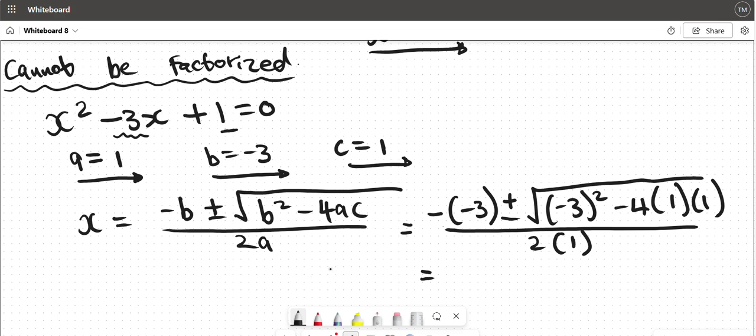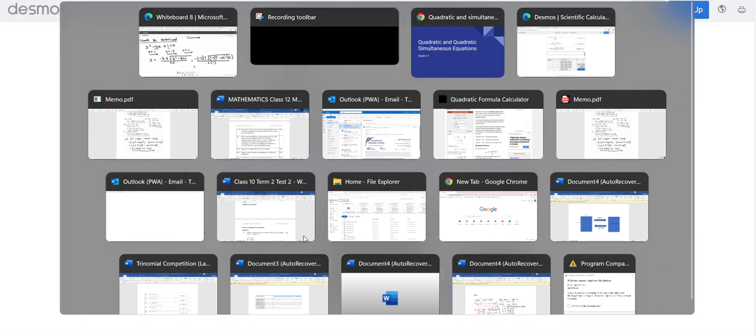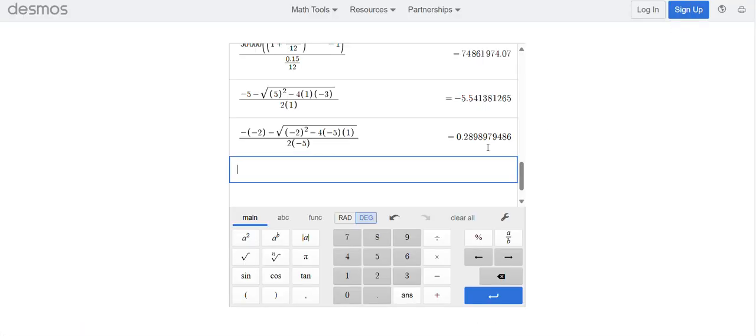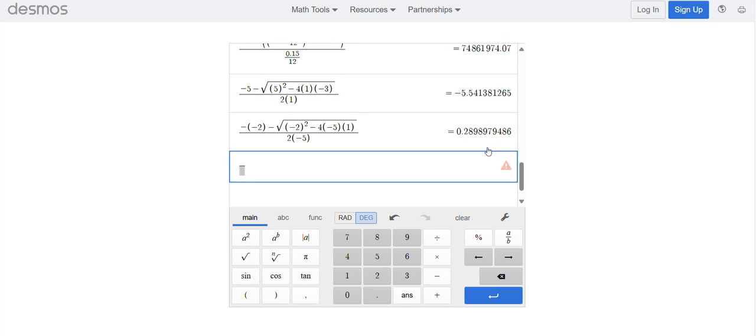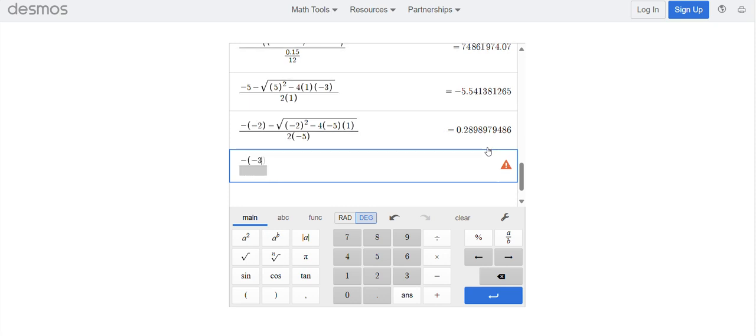For this one, let me plug it into the calculator and show you how this conceptually looks in your calculator. And then for the next ones, I'm not going to be plugging it into a calculator. I will just assume you can do it, and I'll leave it to you. So there's my negative 3 for the b.